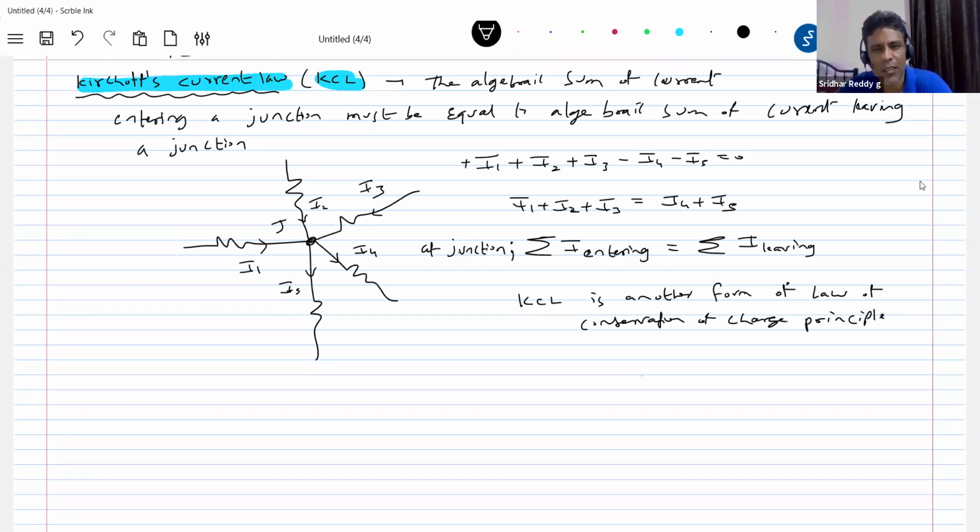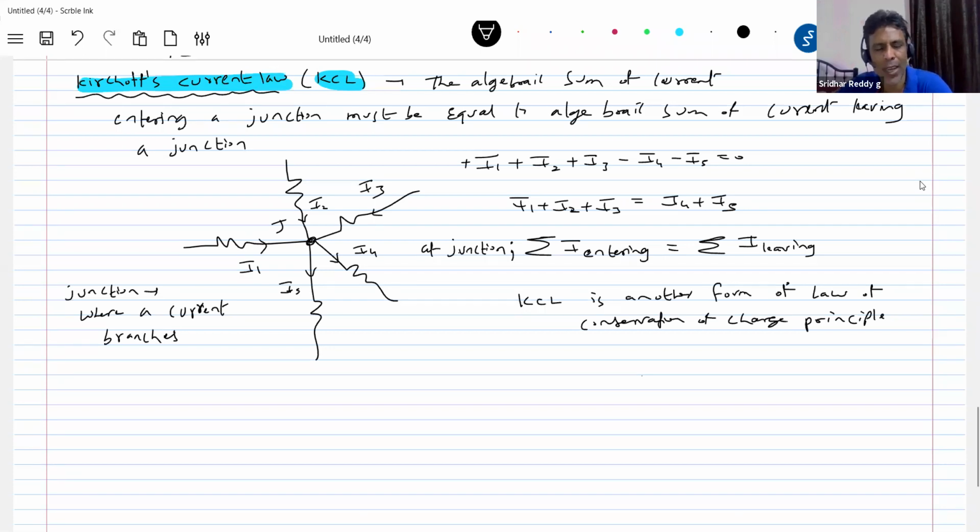Almost every numerical will have a junction. First of all, what do we mean by junction? Where current branches. If current doesn't branch, though it appears like a junction, it's not. It's only a physical junction, not an electrical junction.